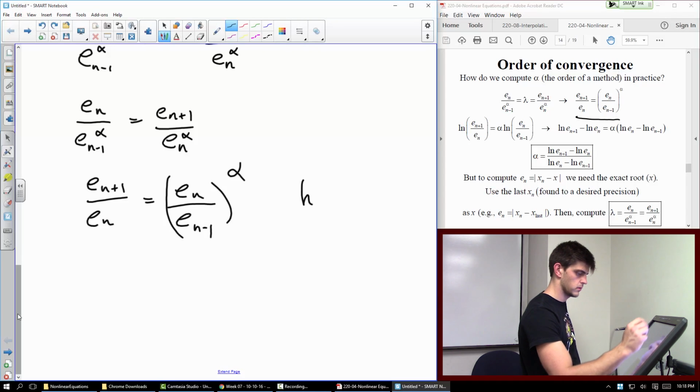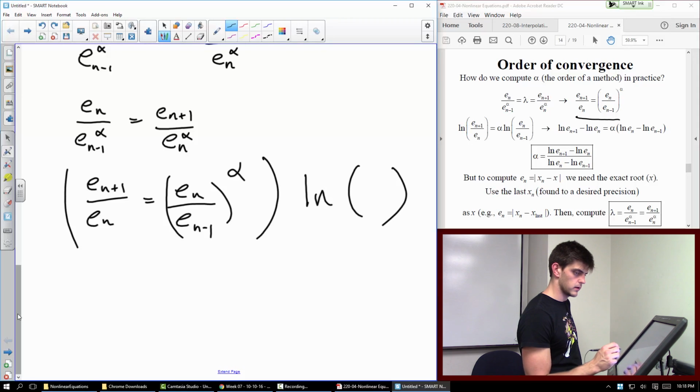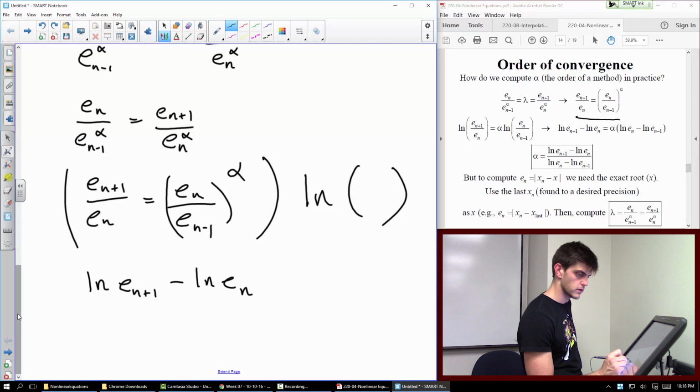So ln of both sides of the equation, so this whole thing. And you're going to rearrange the terms eventually, but okay, let's write them. Minus ln. And you might need to review the properties of logarithms if you're not sure about how these came about, but trust me, these are correct.